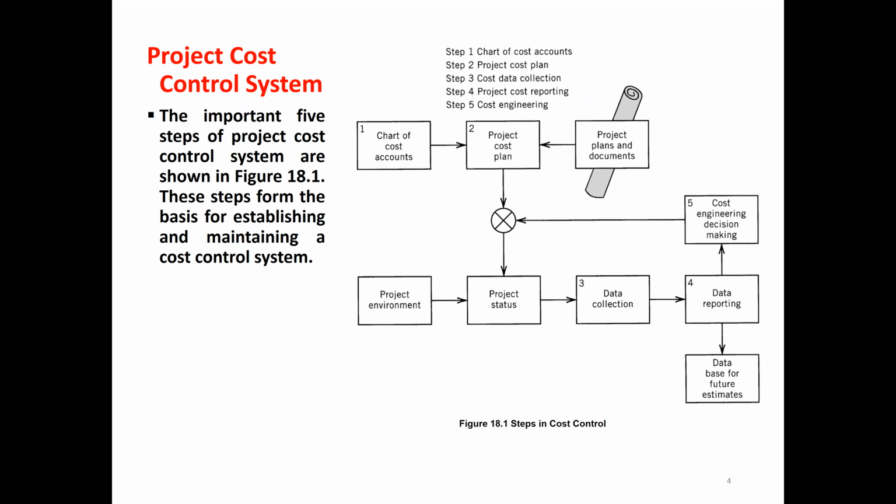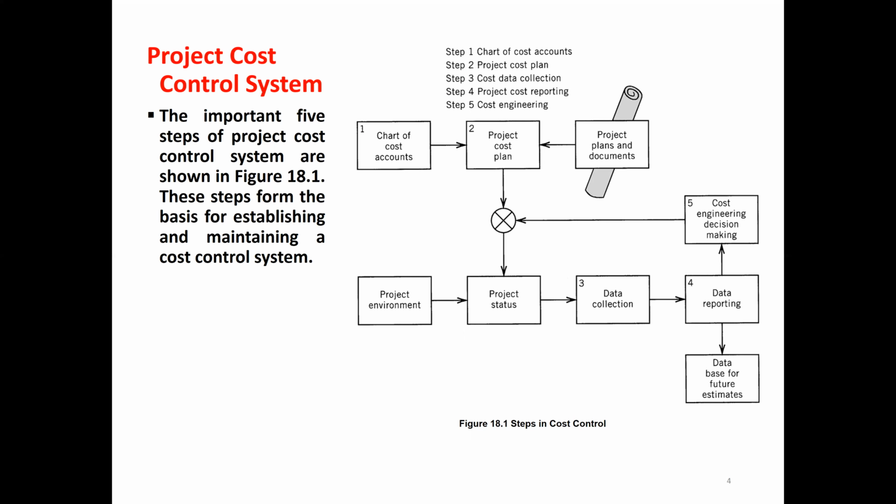We are going to see the project cost control system. Okay, so the important 5 steps of the project cost control system are shown in figure 18.1. These steps form the basis for establishing and maintaining a cost control system.